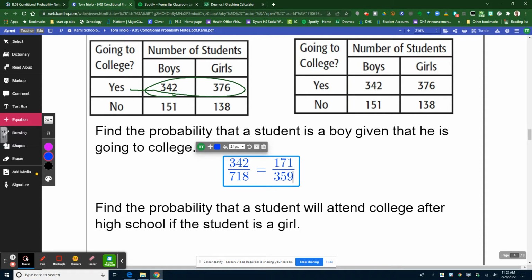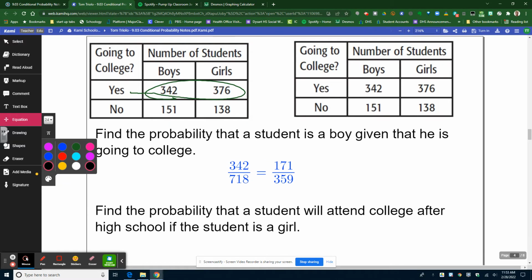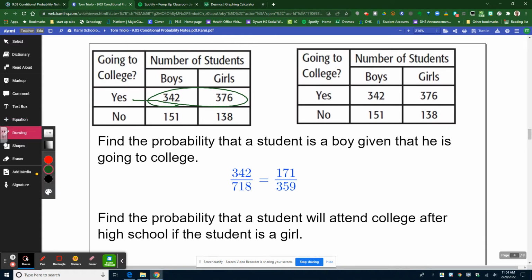Okay? So this one, the girls. So starting with the girls, we take these two numbers and add them together, and that's 514.